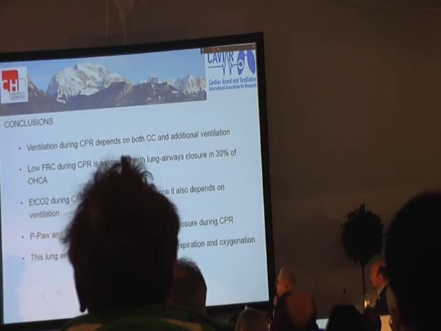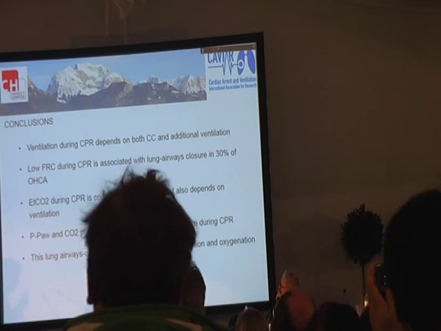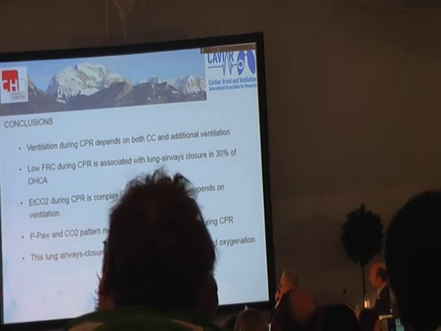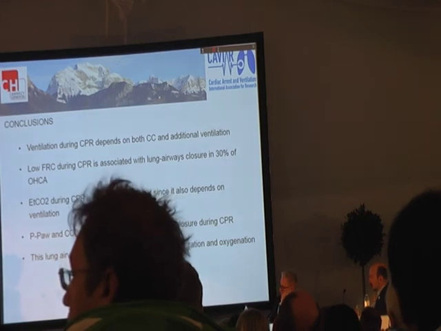TCO2 during CPR is definitely very complex to interpret, and probably the pattern of CO2 could be interesting to give some information not only on circulation but also on the airway, lung airway permeability.